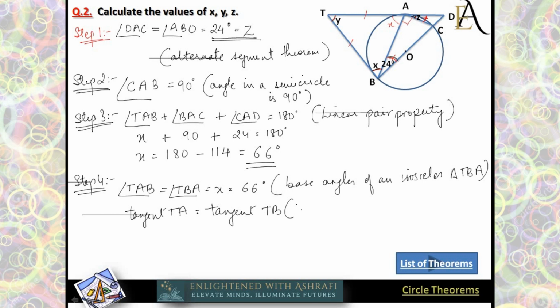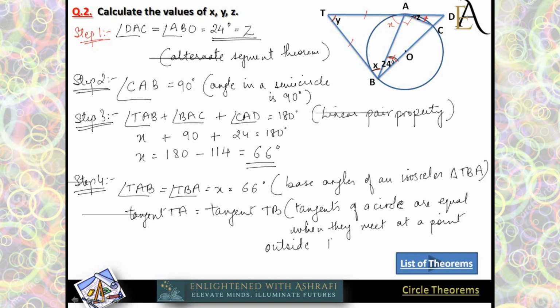What is it? Tangents of a circle are equal when they meet at a point outside the circle. It's very important to write the reasoning, because they always ask you to write the reasoning.